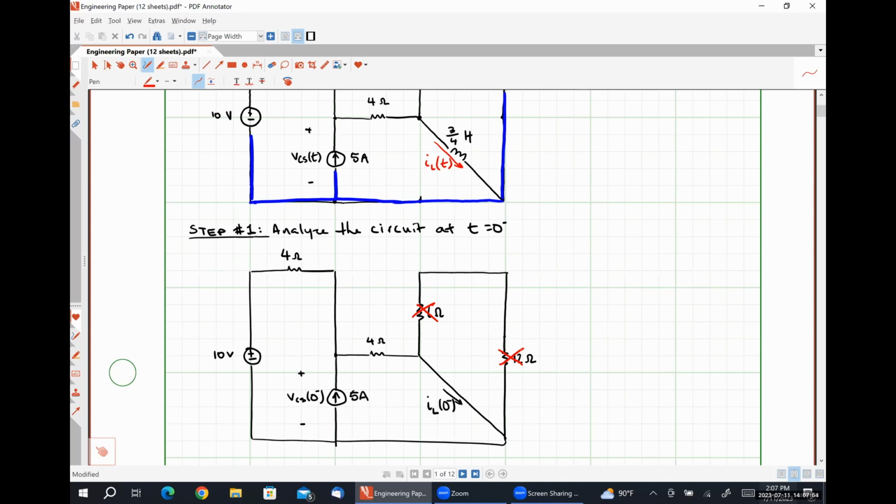All right, well, I am going to choose to do mesh analysis here. So let me explain briefly how I came to that decision, okay? I'm going to identify some nodes just really quickly.